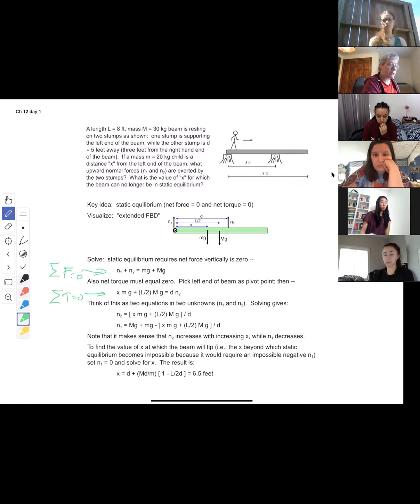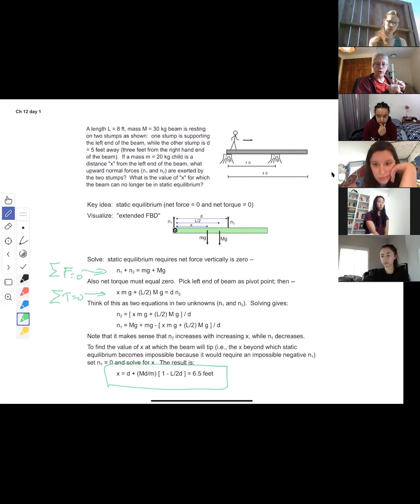Then there's a little bit more algebra, and if we solve it with either choice of axis of rotation, we should get 6.5 feet. That is how far you can go before it starts to tip over.